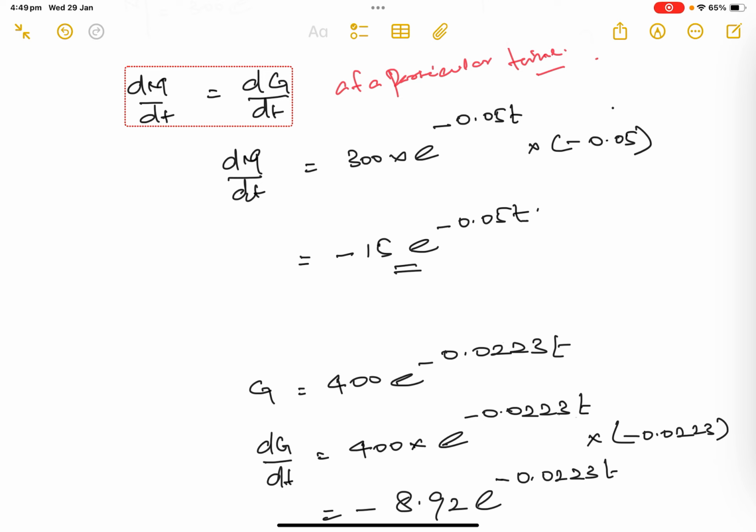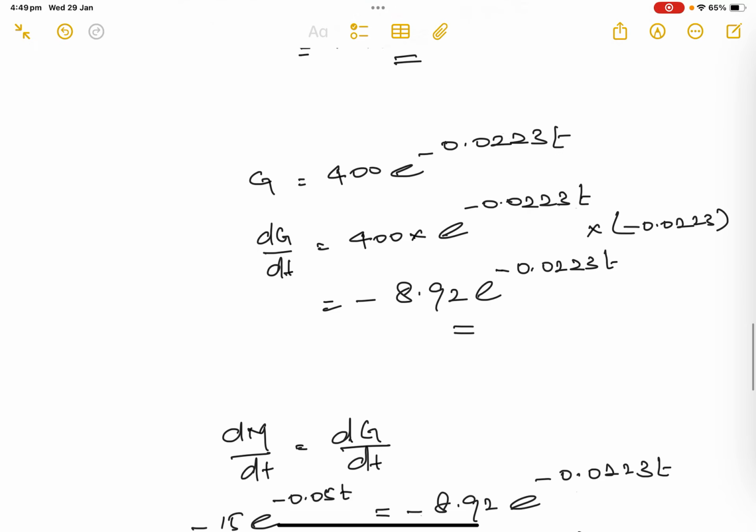So dM over dt is minus 15 e to the power of minus 0.05t. Now we have found the rate of change of M, the first substance.